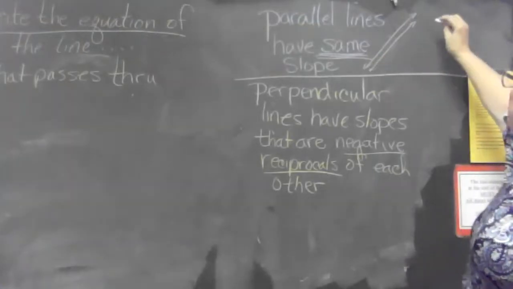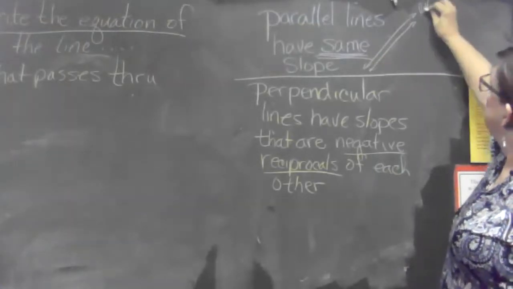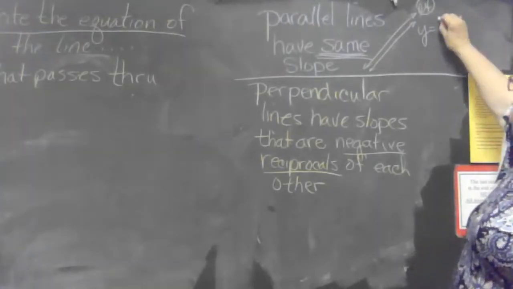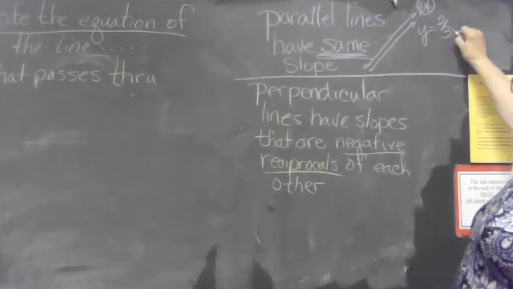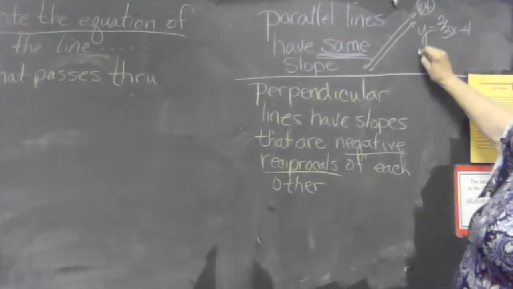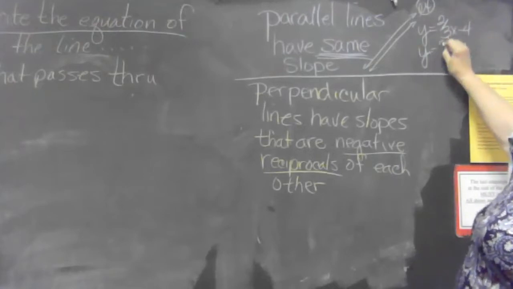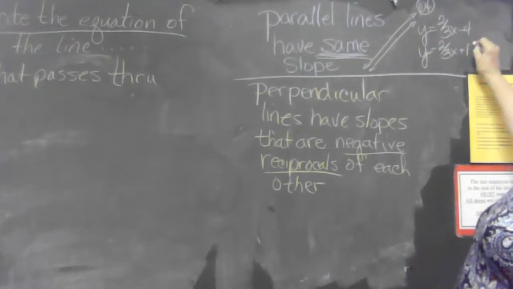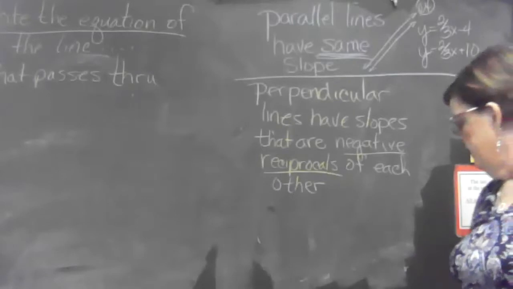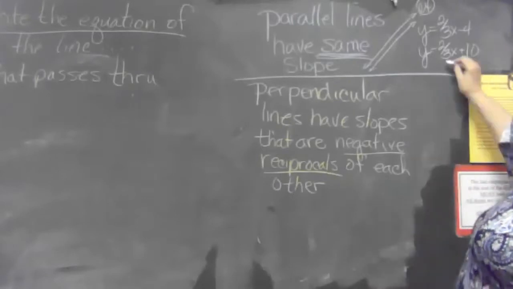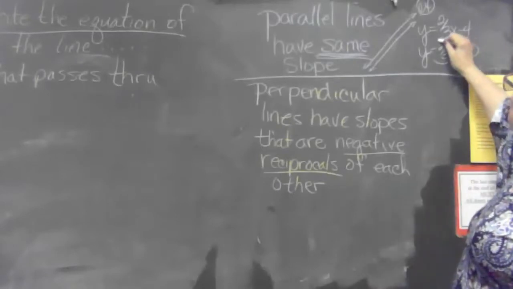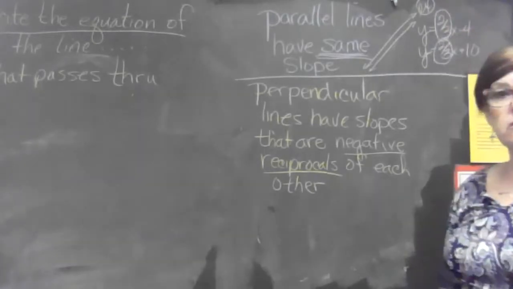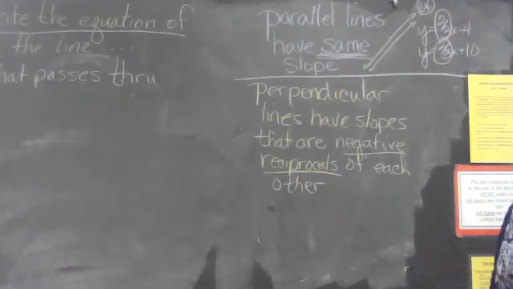And here's an example. y equals 2/3 x minus 4, and y equals 2/3 x plus 10. These are parallel lines because the slopes are equal to each other. You'll see?